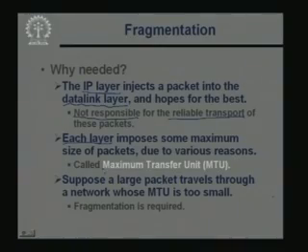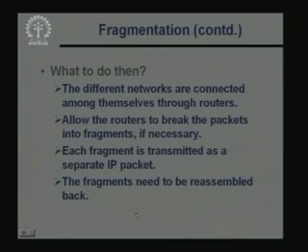Every network has such a maximum limit to the size of the packet it can carry, and this maximum value is called maximum transfer unit or MTU. So, MTU is a characteristic of a network, and the MTU can vary from one network to the other. Now, if a large packet travels through a network whose MTU is too small, then we would require fragmentation. So, this is why fragmentation is required.